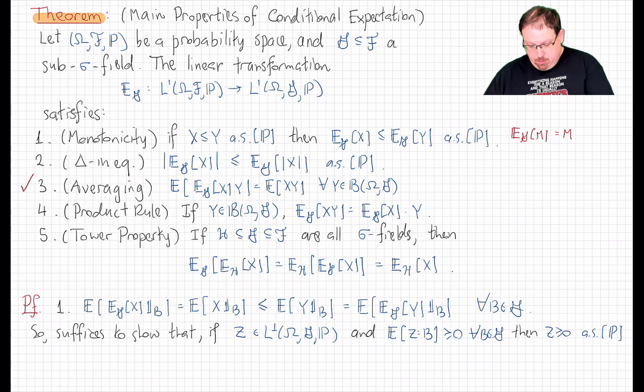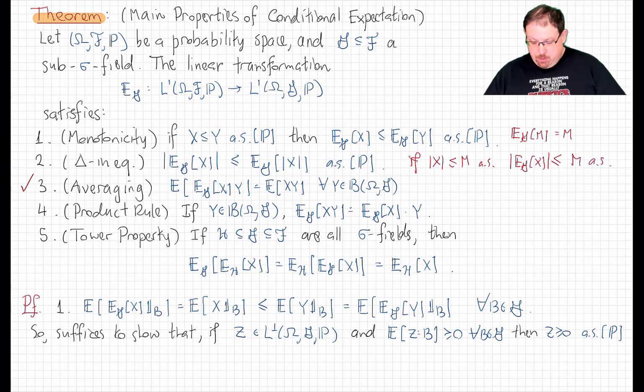Combining that with point 2 here, that means that if X is bounded both above and below by m almost surely, then the absolute value of the conditional expectation of X given G is less than or equal to the conditional expectation of the absolute value of X, which is less than or equal to m by point 1.